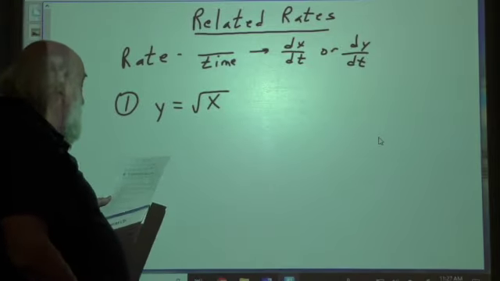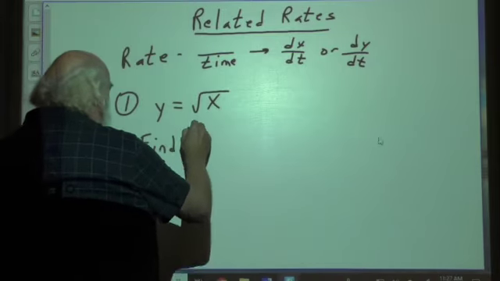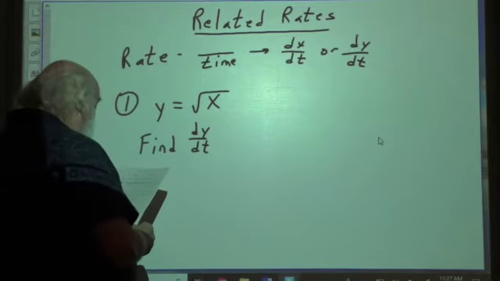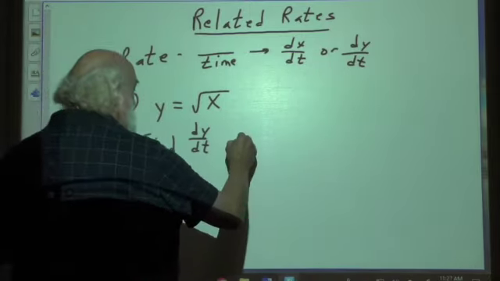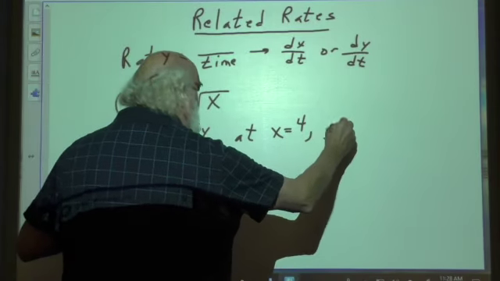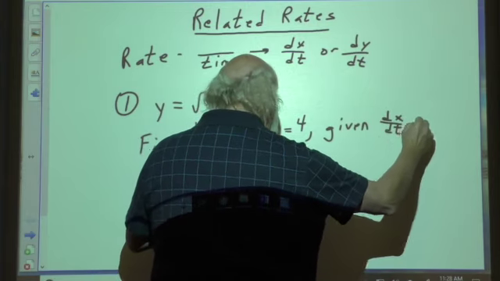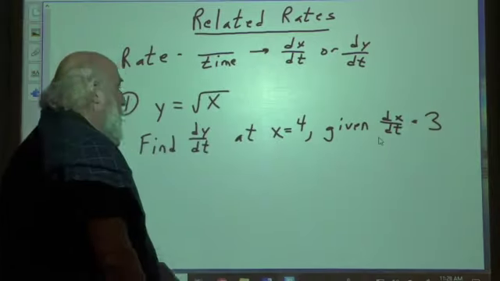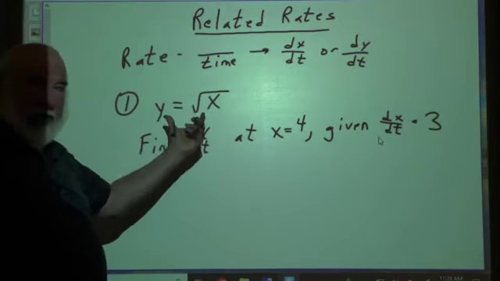They want us to find dy/dt at x equals 4, and we're given that dx/dt is 3. So we're going to find the derivative of each side.